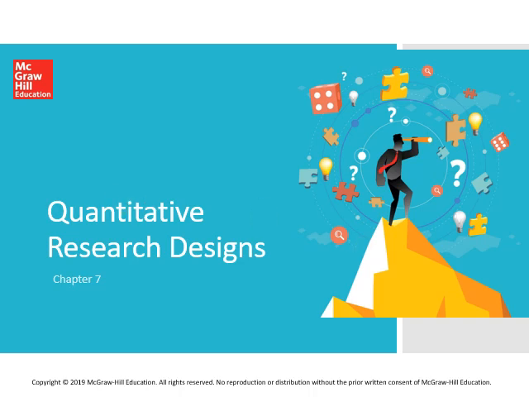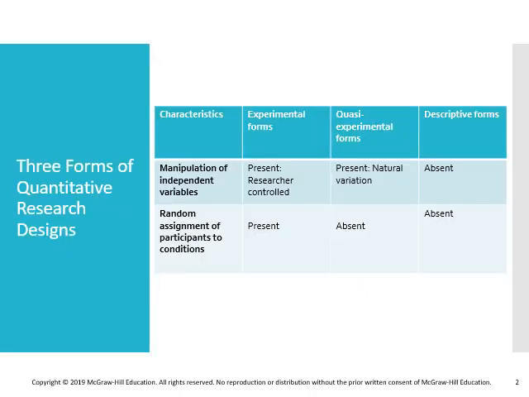Hi everyone, in today's chapter 7, we'll be looking at quantitative research designs, and there are three types of designs that we will cover today. The first kind will be the classical experiments, and the classical experiments will talk a little bit more about the tradition and the history, how it has evolved and how it's used in social science research in communication.